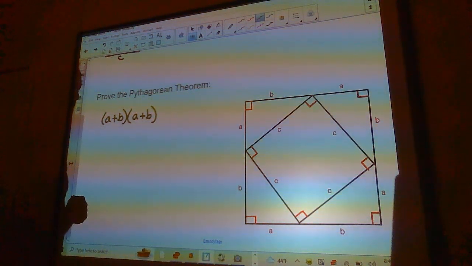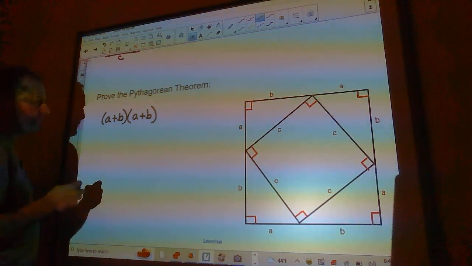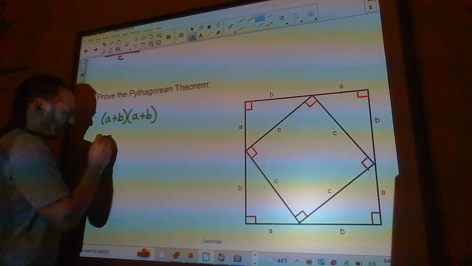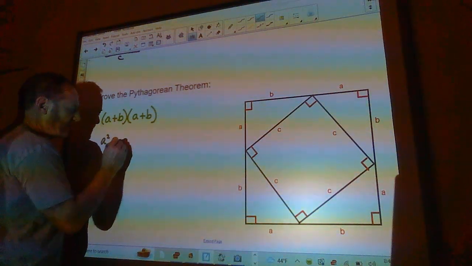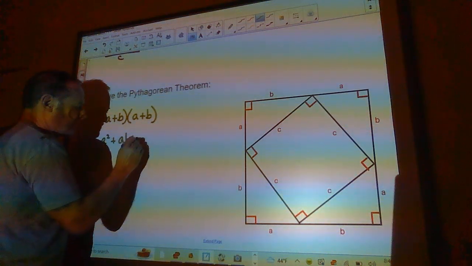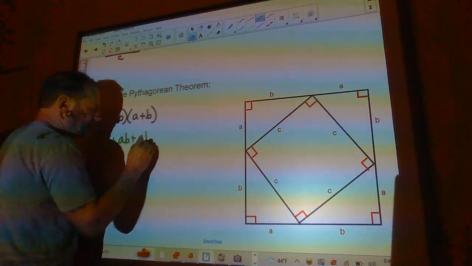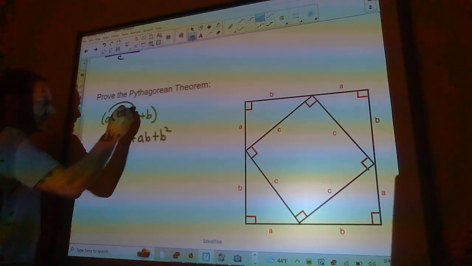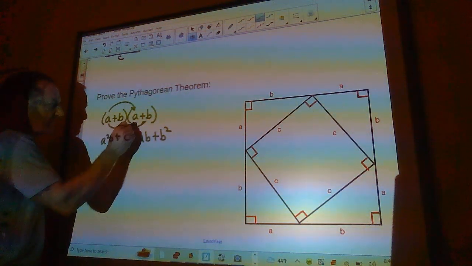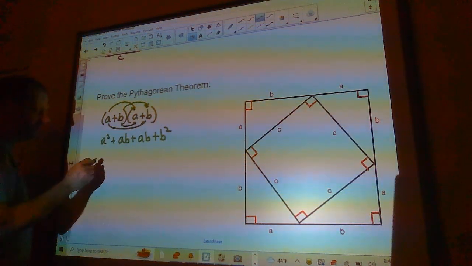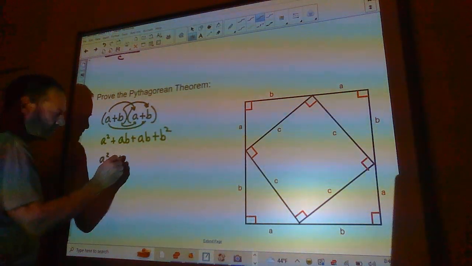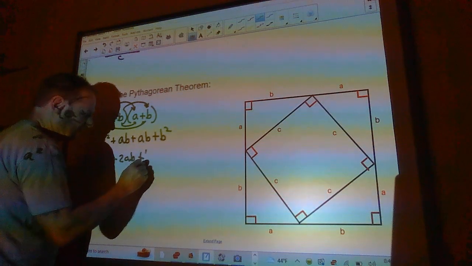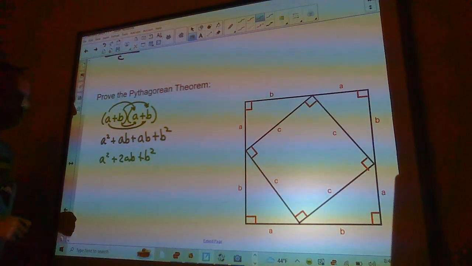Okay, so that area is going to be a squared plus ab plus ba, which is the same thing as ab, plus b squared. Remember, I'm foiling this right here. So a times a, a times b, b times a, b times b. That gives me this. So this is a squared plus 2ab plus b squared.